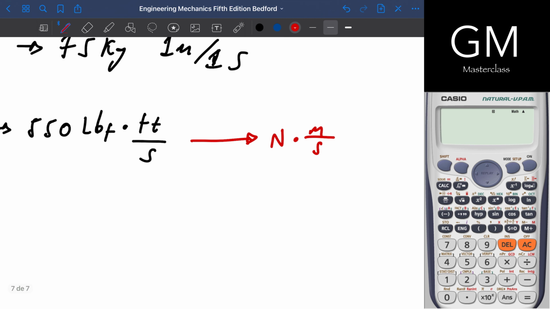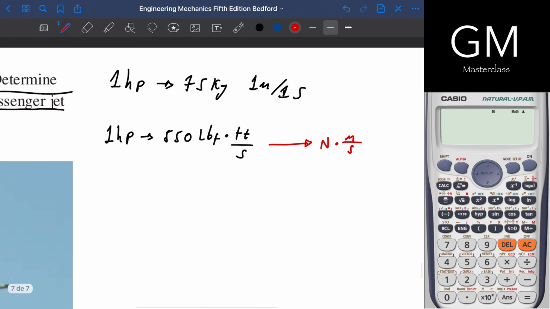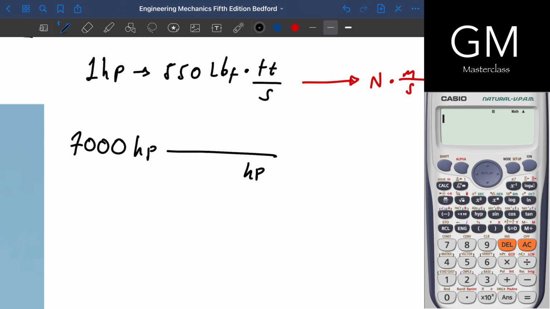Okay, then what I'm going to do is to transform those 7,000 horsepower into this, in order for me to eliminate the horsepower.